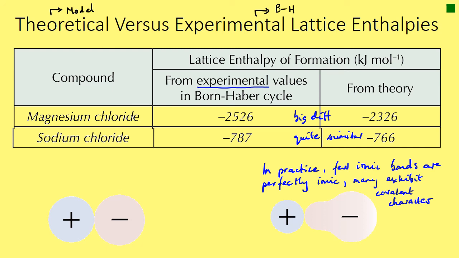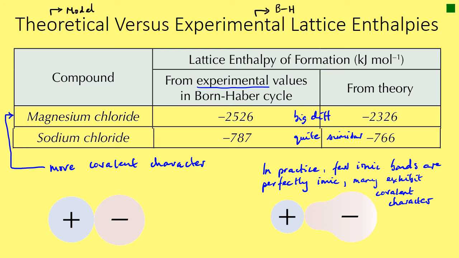So if we look back at our table of magnesium and sodium chlorides, let's ask ourselves which of those bonds has the most covalent character. What we can see is that magnesium chloride, where the difference between theory and experimental is greatest, exhibits more covalent character than the sodium chloride in this particular example.